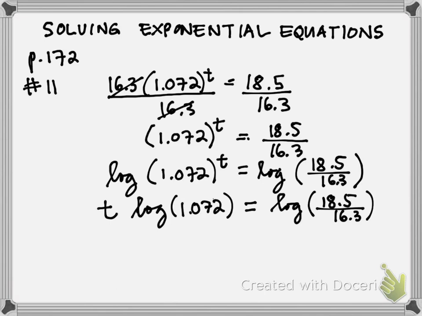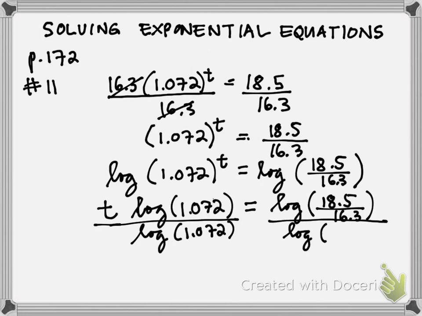Now we can isolate the t by dividing both sides by log of 1.072. This cancels out, and using your calculator you can see that this will be approximately 1.821. You can pause this now and check if you get that same answer.